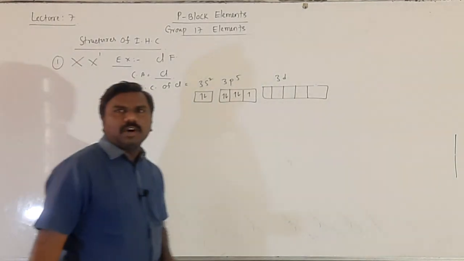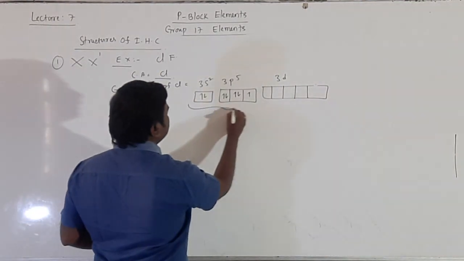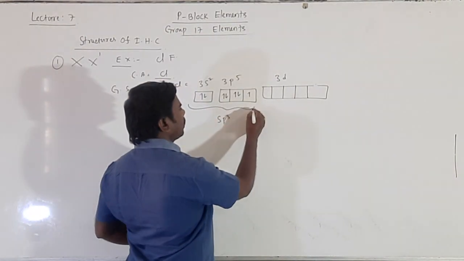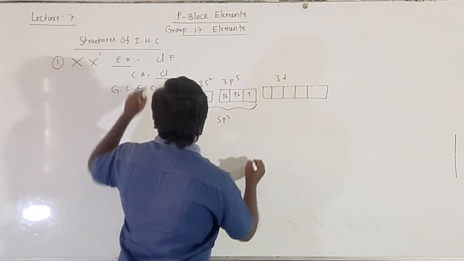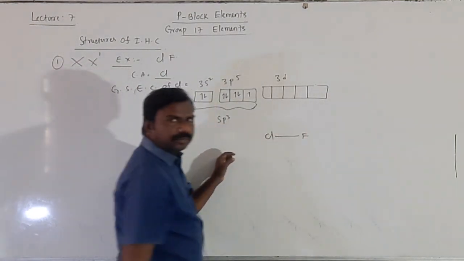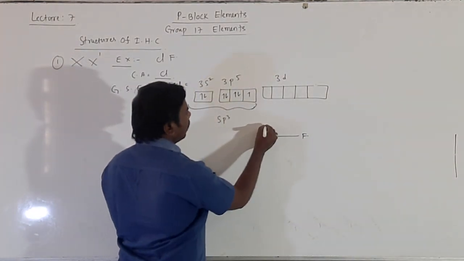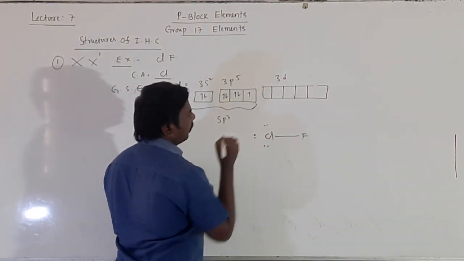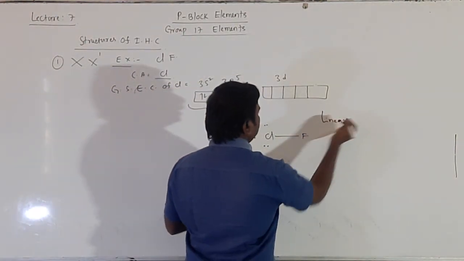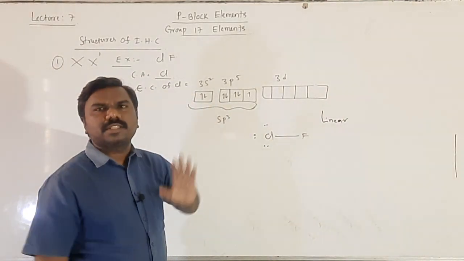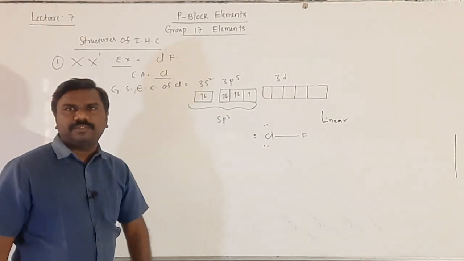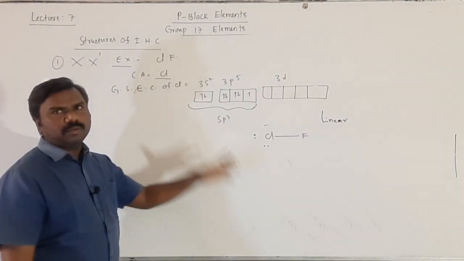This undergoes sp3 hybridization, with only one unpaired electron. So Cl is the central atom, with 1 sigma bond with fluorine and 3 non-bonding lone pairs. Shape is linear. Hybridization is sp3. Clear? That is the XX' type. Example is ClF, sp3, ground state only.